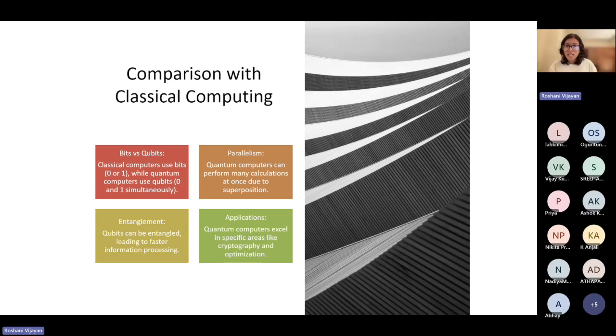Parallelism, again: classical computers operate in a sequential manner, going through every single option one by one, whereas quantum computers do all of these operations at the same time, saving a lot of time. Now, entanglement, I didn't really go over entanglement much, but I will tell you what it is now. If you're not familiar with it, I want you to think of a very basic example, which will help you clear this up.